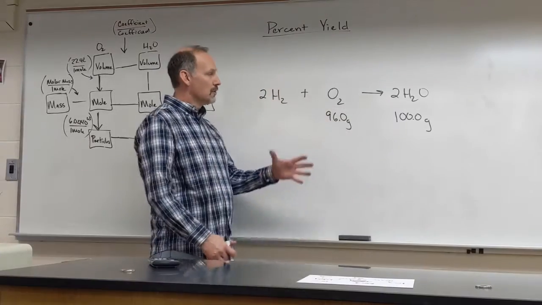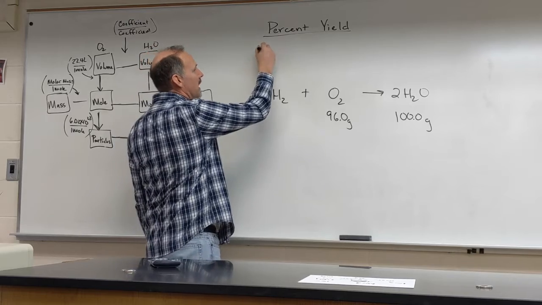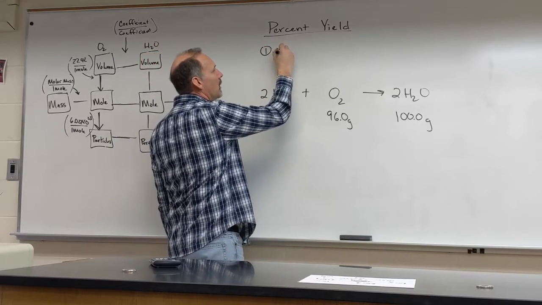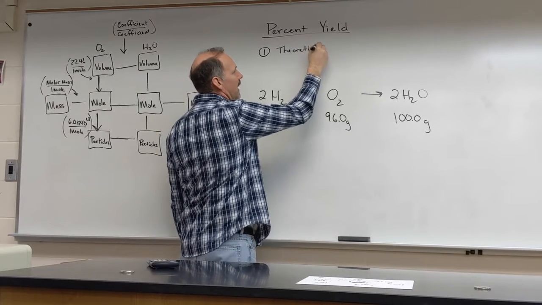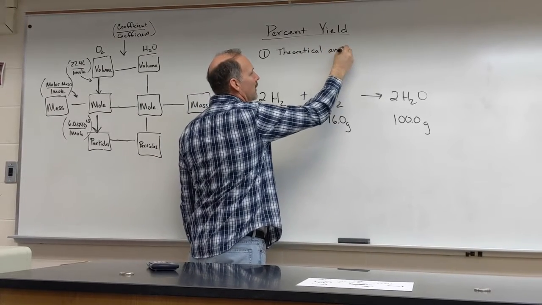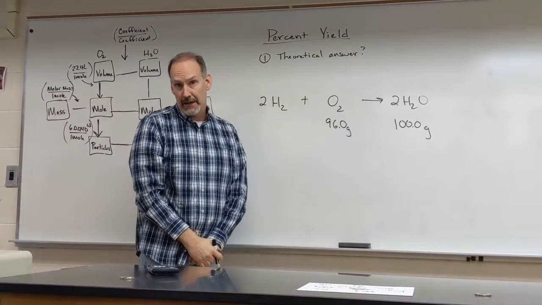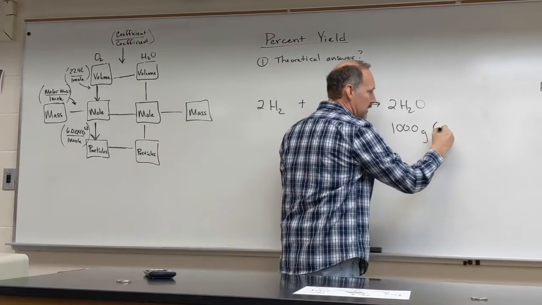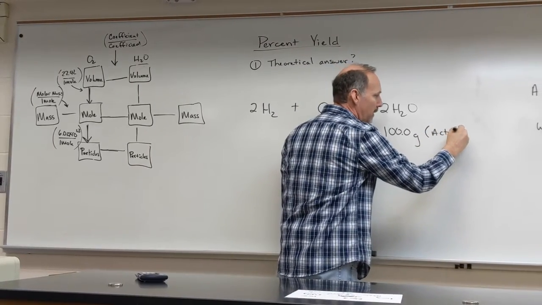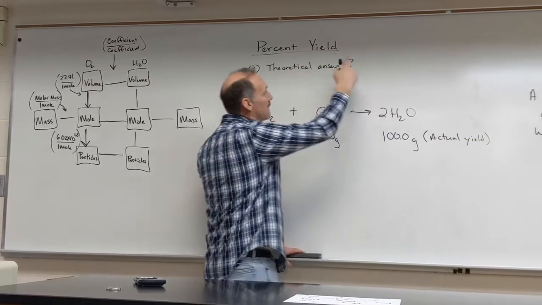Okay? So I want to give it to you in steps. So the first step is we want to find out what is the theoretical answer for water. How much could we have made for that product? Okay? So this is called an actual yield. And what we're going to do is compare these two numbers and come up with a percent yield.